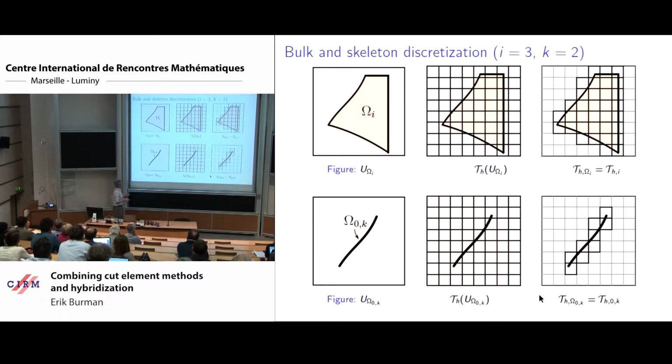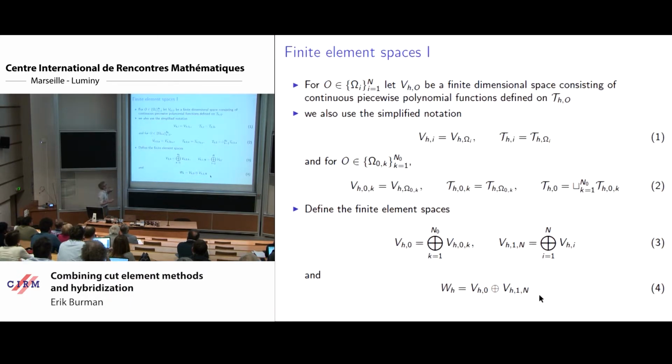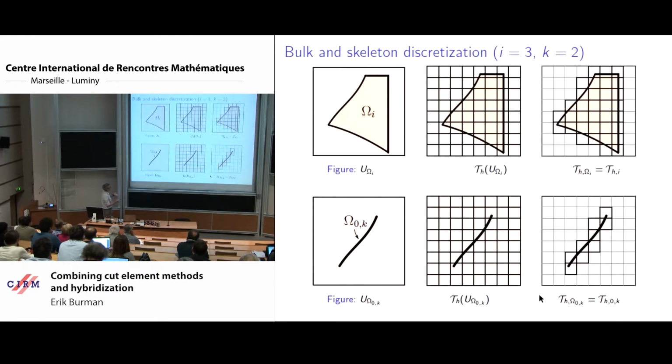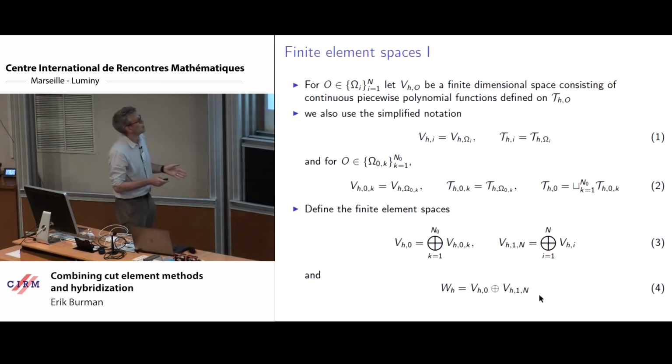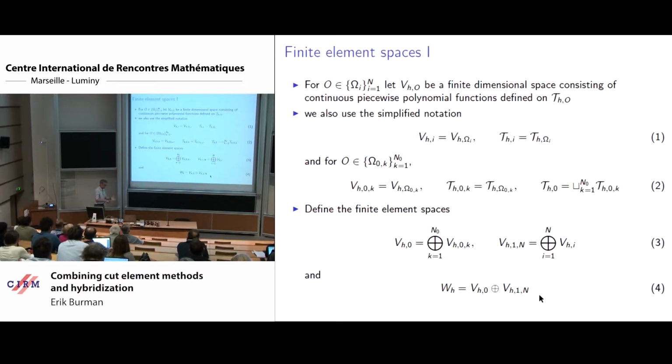So now we have two parts, and of course we do this for every component, and we define finite element spaces in a similar fashion as we did before on these different parts. So we define a finite element space here, a finite element space here, and they are all the same. And then we proceed by restriction so that we have something on the trace. And we define a global mesh, which is now the sum of the skeleton mesh and these bulk meshes.